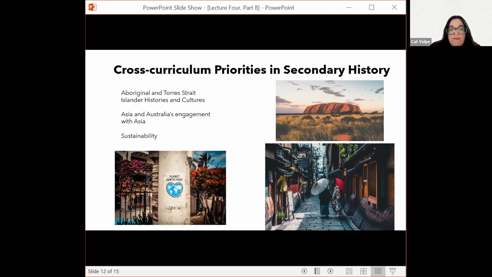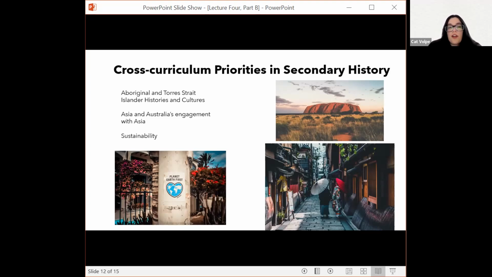So I'm hoping that you found those chapters quite good. I would like to invite you to consider whether, after reading these 3 chapters, you feel that there are issues with any of these cross-curriculum priorities in the curriculum, whether that be that it's not present enough in the curriculum, that it's not present, and that's just a mention.